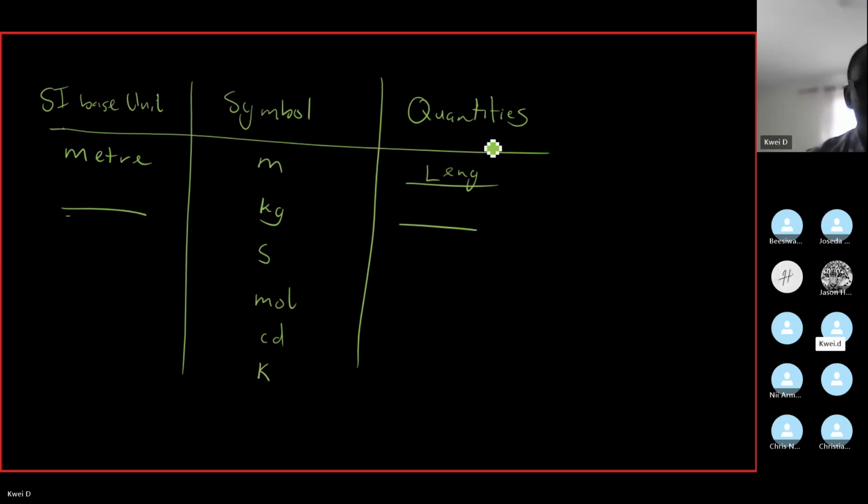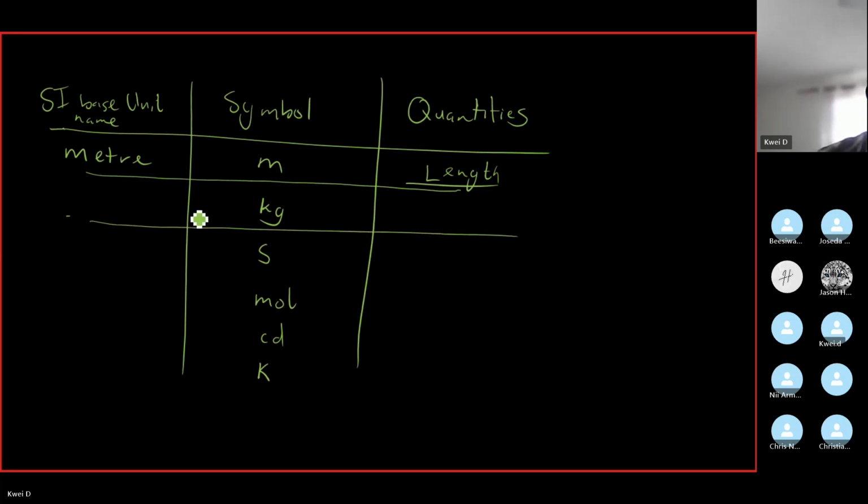What's the SI base unit name? We said the SI base unit name of the kg. Kilogram. The kilogram. Good. And what's the quantity it measures? Mass. Good.